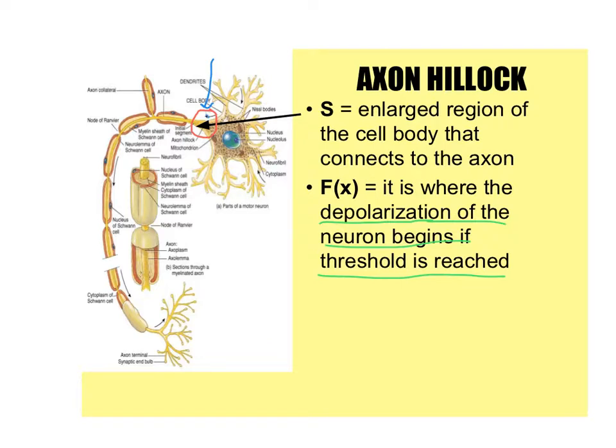It is this area of the neuron that has to be stimulated enough, and it gets stimulated by all the information it receives from the dendrites. If the axon hillock gets stimulated enough, boom, that neuron will send a nerve impulse or action potential down the axon to the axon terminals, which will then release the neurotransmitters. So that is where the nerve impulse starts, at the axon hillock.